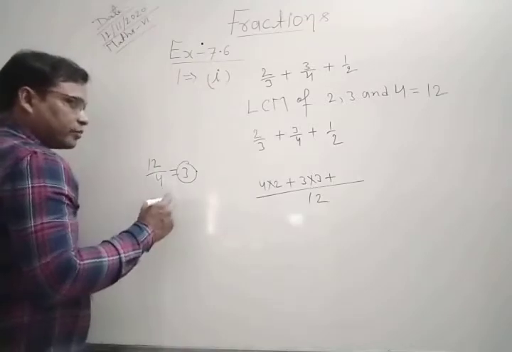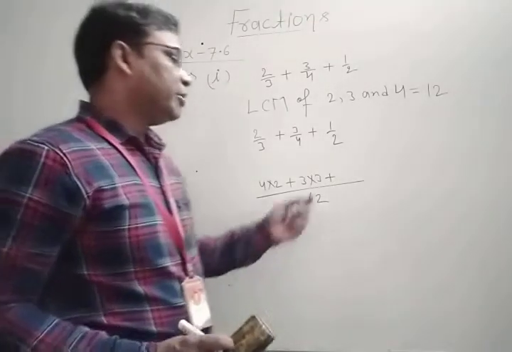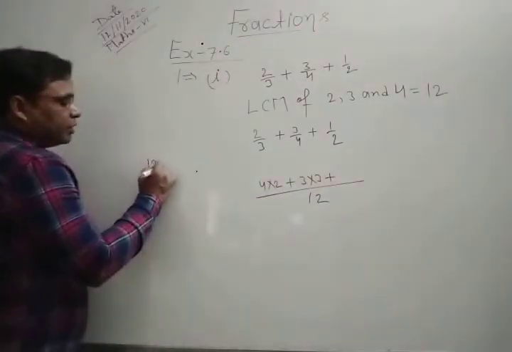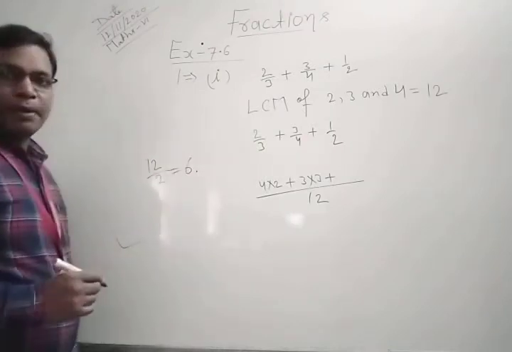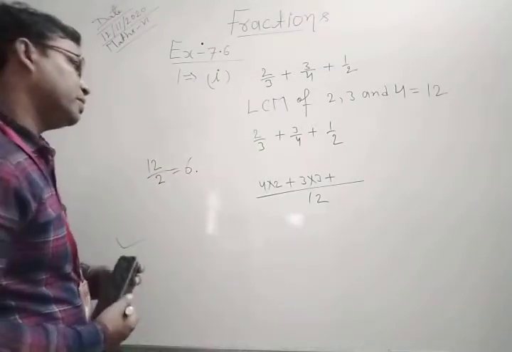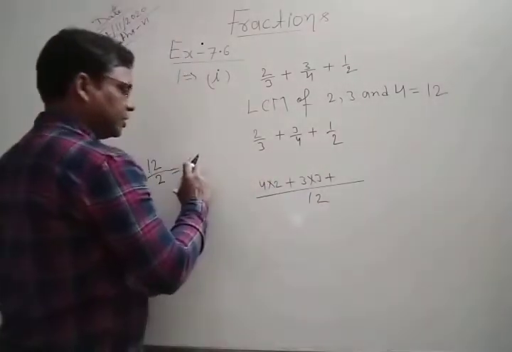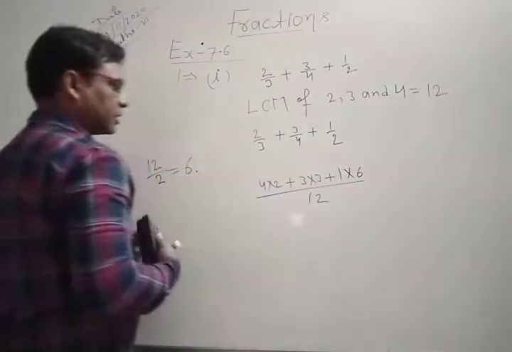Now our next fraction is 1 by 2. The denominator of this fraction is 2. So we divide the LCM by 2, then we obtain 6. If you divide 12 by 2, you obtain 6. So this numerator is multiplied by this quotient 6. So 1 into 6. Clear?